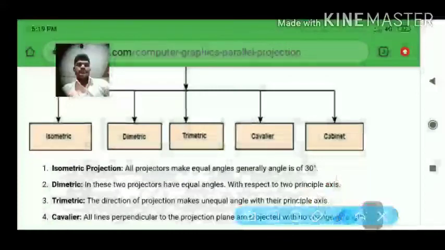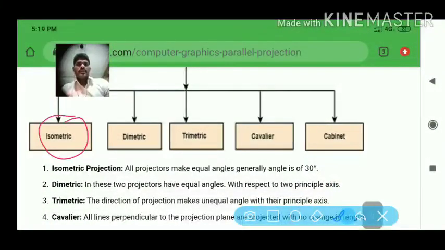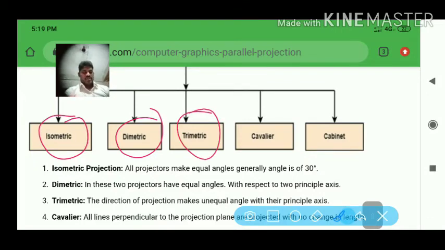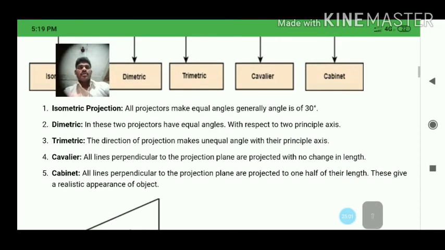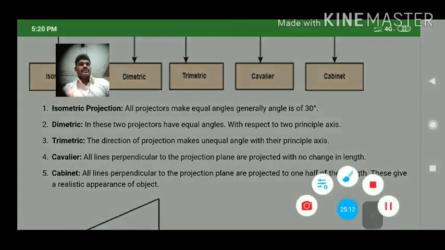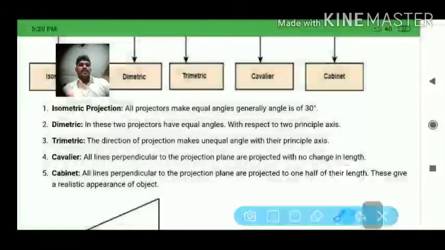Look at here: isometric, diametric and triometric. We will see what is an isometric, what is a diametric and what is a triometric. All projections make equal angles. Generally the angle is 30 degrees. Now look at here, the lines are making angles.